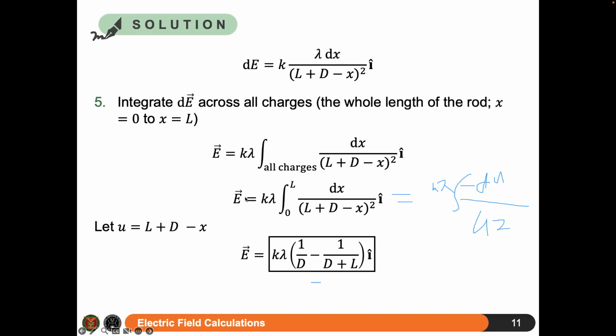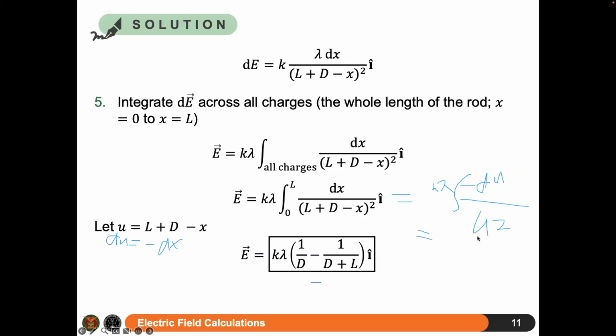Because u equals L plus d minus x, so du equals negative dx. So the dx we replace with negative du. And the denominator becomes u squared or u to the minus 2.